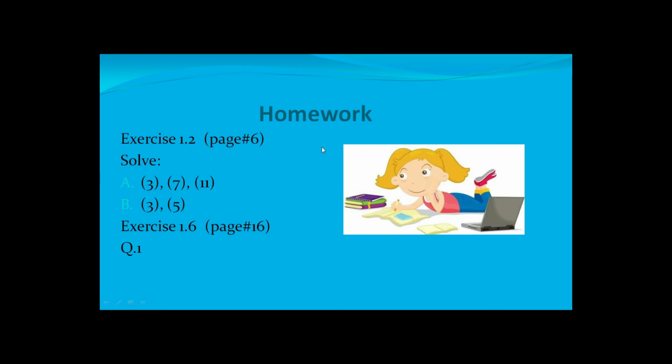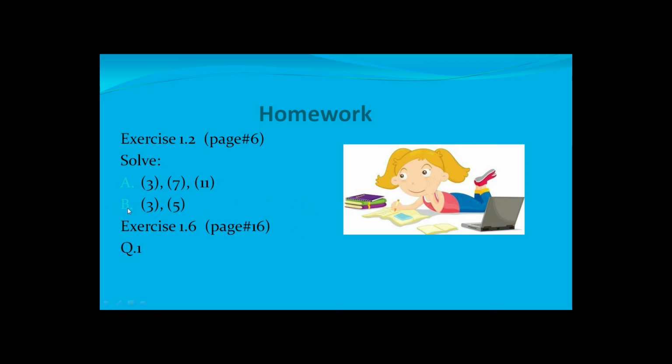Okay, my dear students, this is your homework. Exercise number 1.2, page number 6. First part A. You have to solve 3 parts, 3 sums, 3, 7 and 11. Open the books. You can see the sums over here, over there.